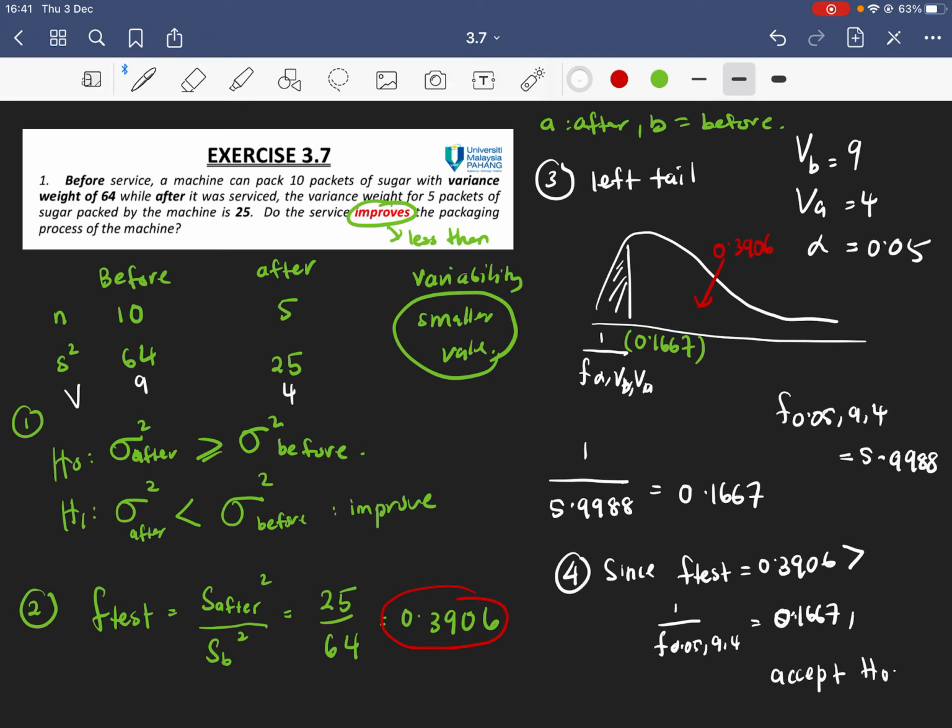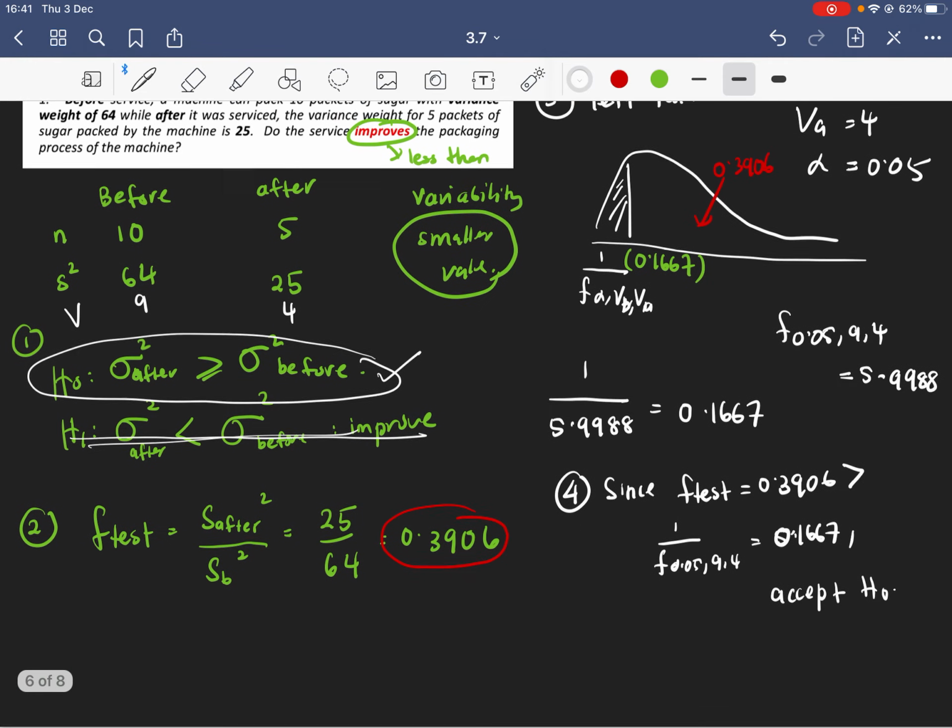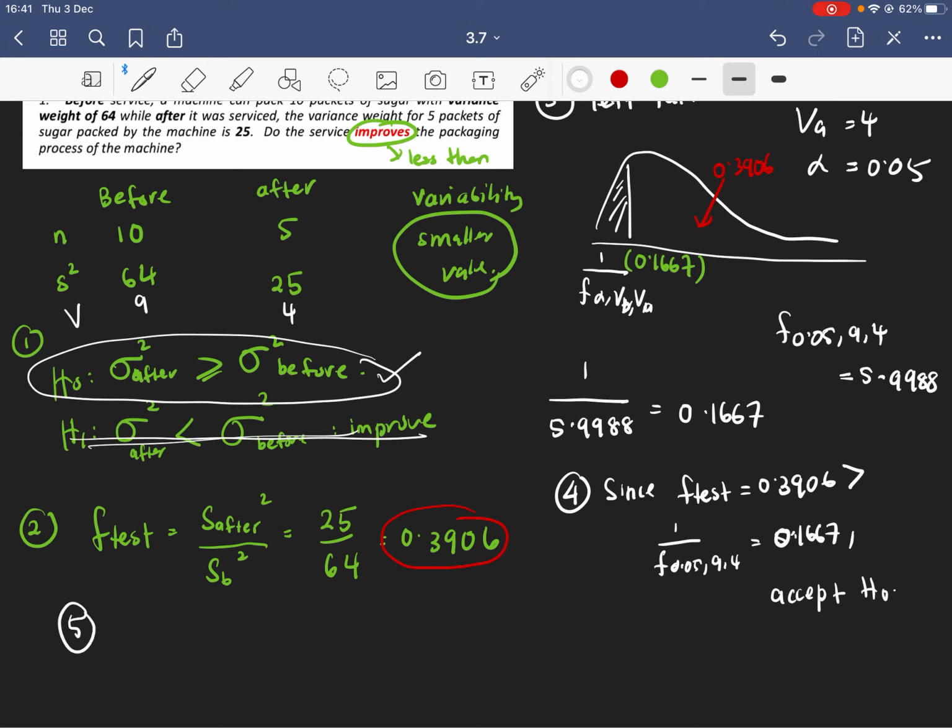So conclusion, you accept H null, right? You discard this one, you accept H null. So you do not support the claim. You can write down at alpha 0.05.